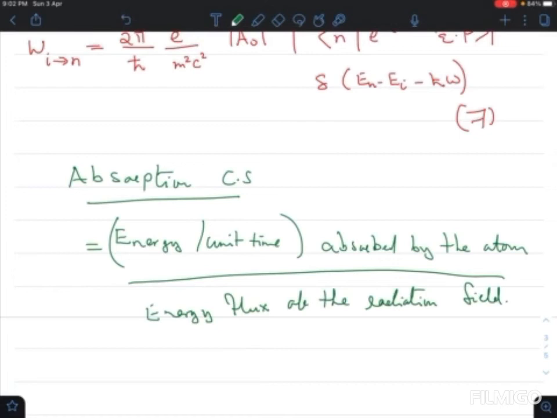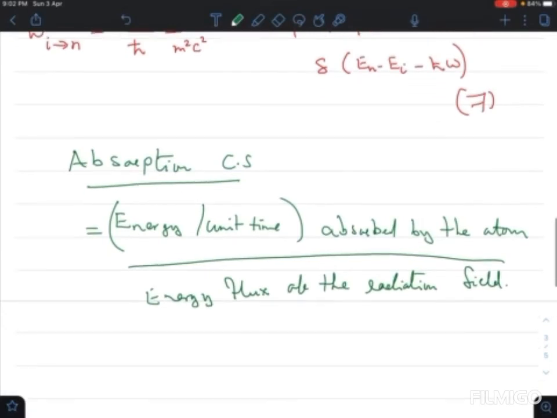So the energy flux is nothing but your energy per area per unit time. So in classical electromagnetic field, you have it as cU, which is equal to 1/2π ω²/c² c modulus of A0 squared.